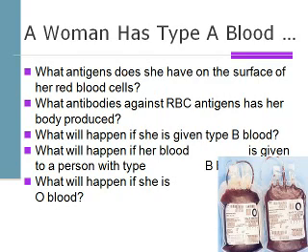Type AB blood carries both A and B antigens and has no antibodies, therefore it's the universal recipient. And type O blood has neither antigen, but both anti-A and anti-B antibodies, and therefore is a universal donor.